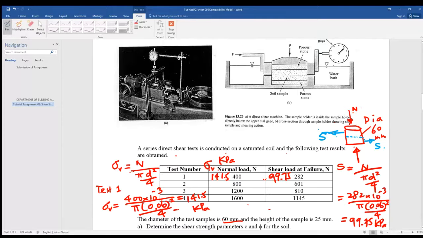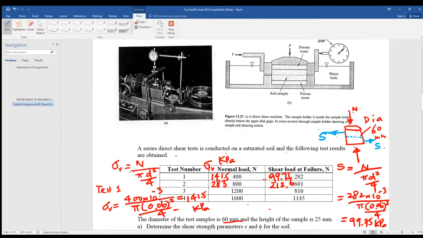By similar calculation, you can work out test 2: 283 here, and 212.6, right? I will not repeat the calculation for test 3 and test 4.